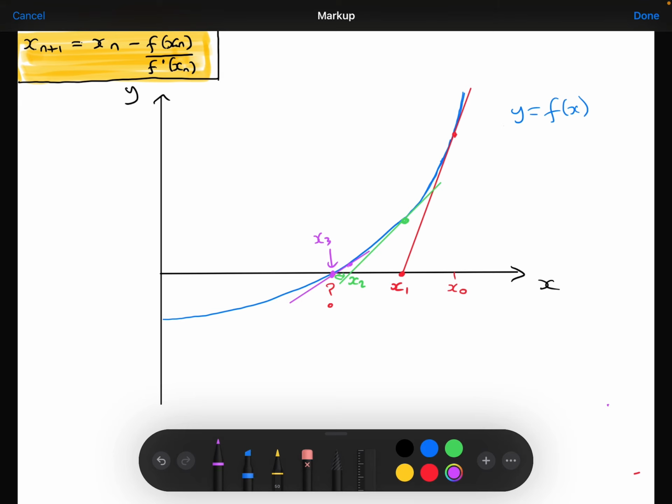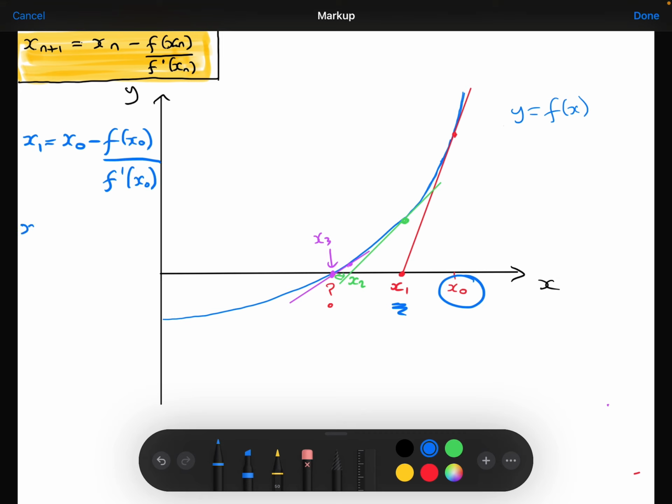But basically what that is doing is it's saying we start with a value x0, and then to get x1, I do x0 minus the answer I get where I substitute x0 into the function, and I divide it by when I substitute x0 into the gradient function. By doing that, that is the process of me drawing a tangent and finding where that tangent intersects on the x-axis.